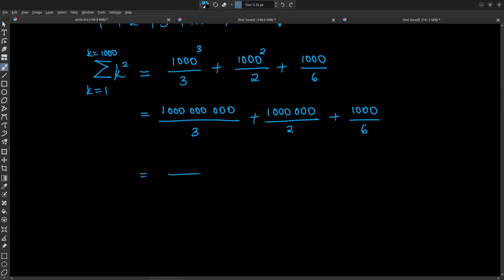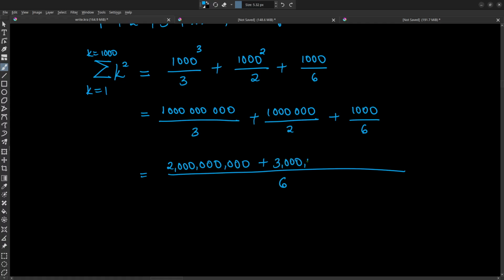So this becomes the LCM of 3, 2, and 6, that is 6. So 6 divided by 3, that's 2. 2 times 1 billion, that's going to be 2 billion. And then plus 6 divided by 2, 3. 3 times 1 million becomes 3 million.